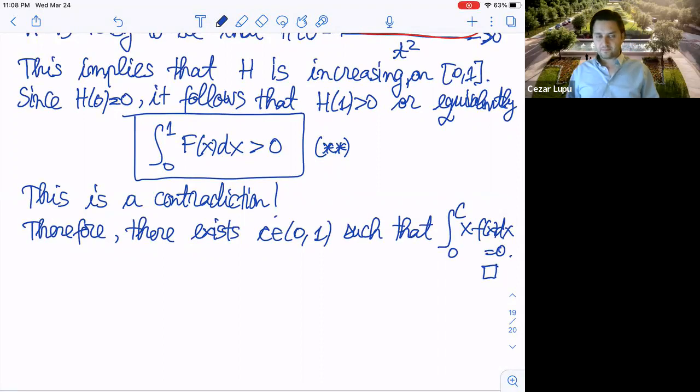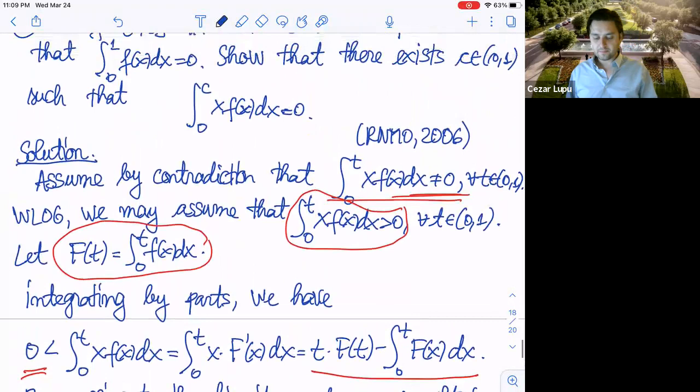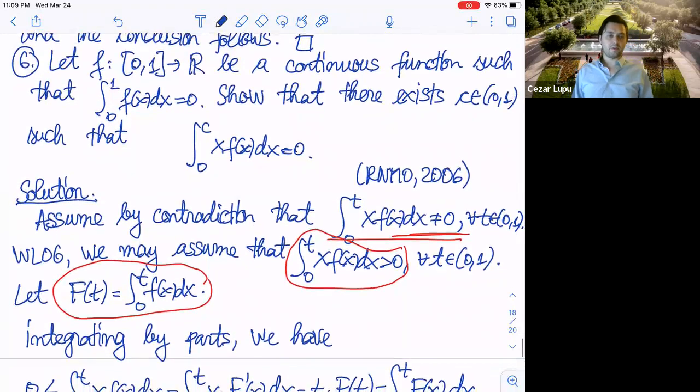Right? So that was the problem. It's a very beautiful problem, very difficult, I would say. I think it was one of the, if not the most difficult problem at the National Math Olympiad for high school seniors in Romania.